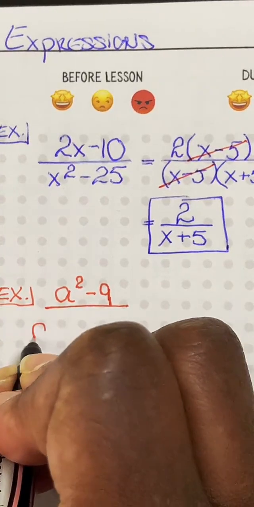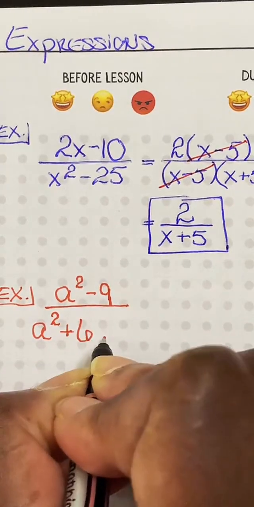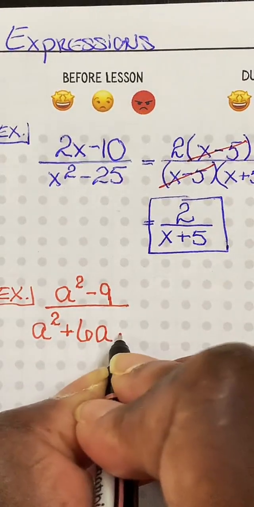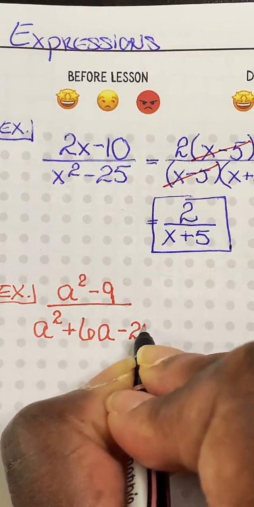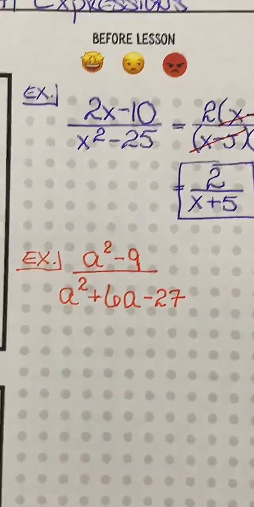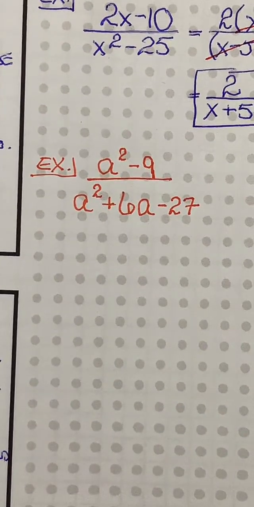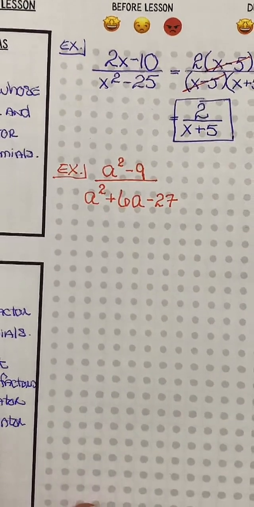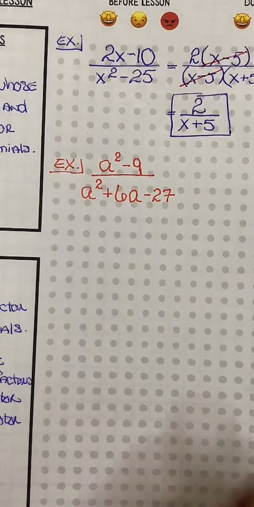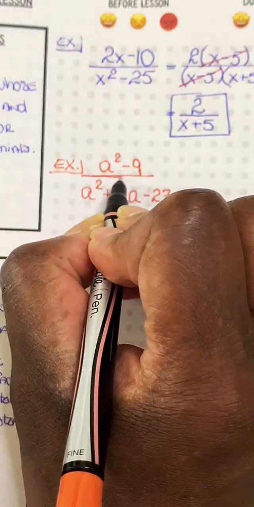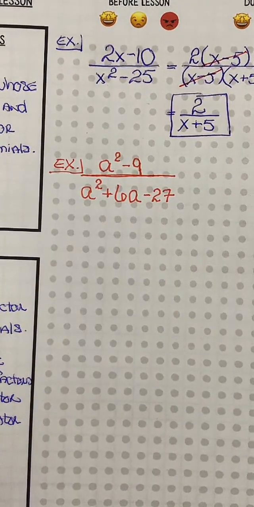Then we have a squared plus 6a minus 27. Bring it in just a hair. So we have a squared minus 9. That's my numerator. My denominator is a squared plus 6a minus 27.